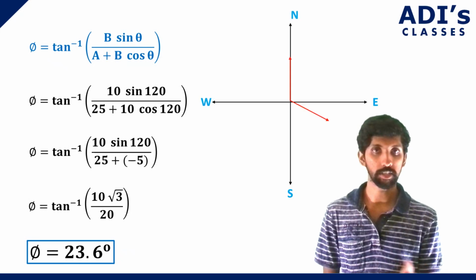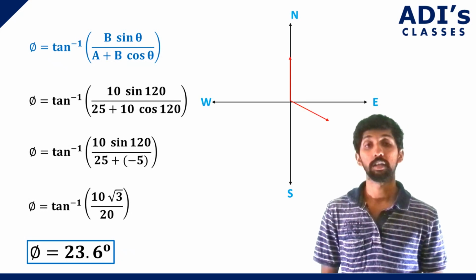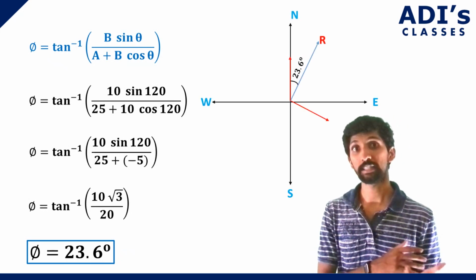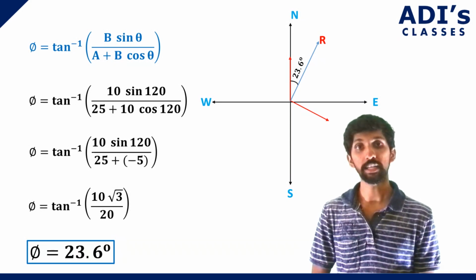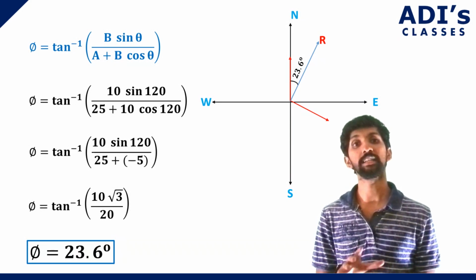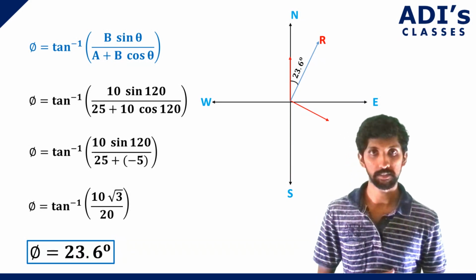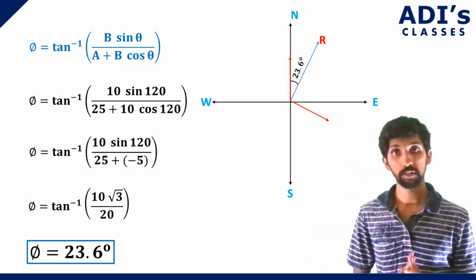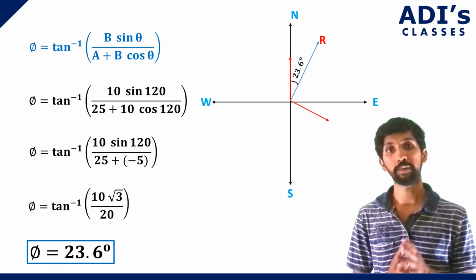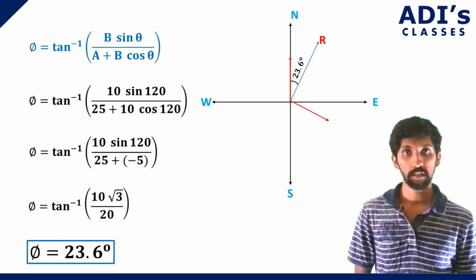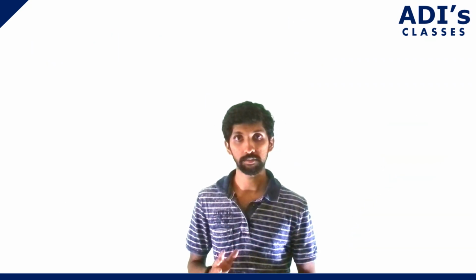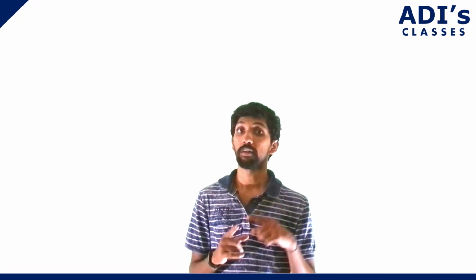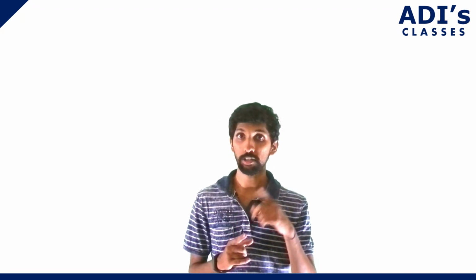Basically, the denominator becomes 21.8. Now, if you simplify this and take the tan inverse, you'll get a value close to 23.6 degrees. Okay, so that means the boat is going at a speed of 22 km per hour with an angle of 23.6 degrees from the north, that's basically northeast direction.